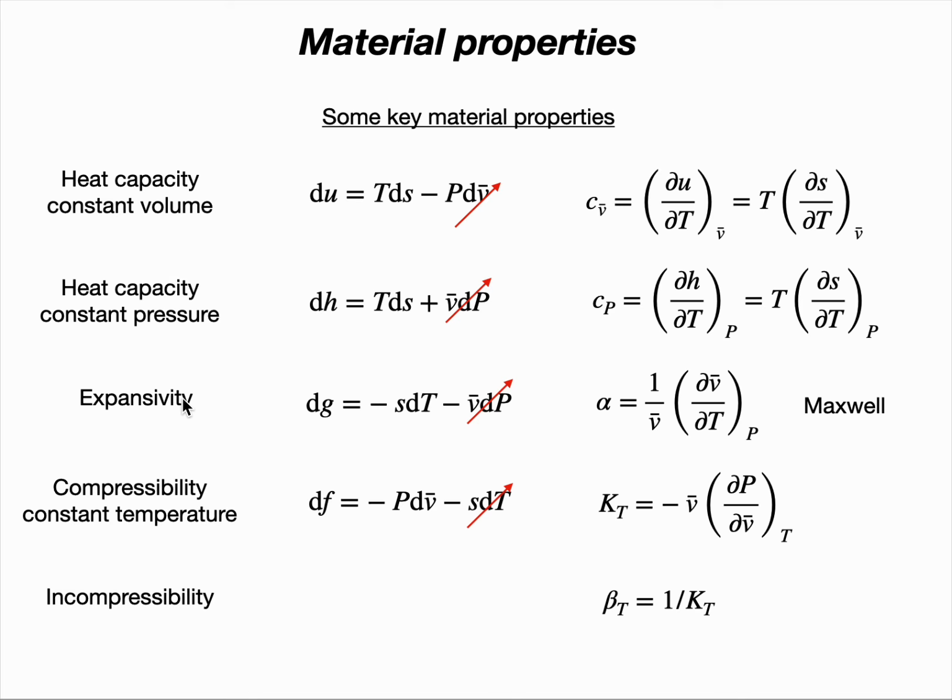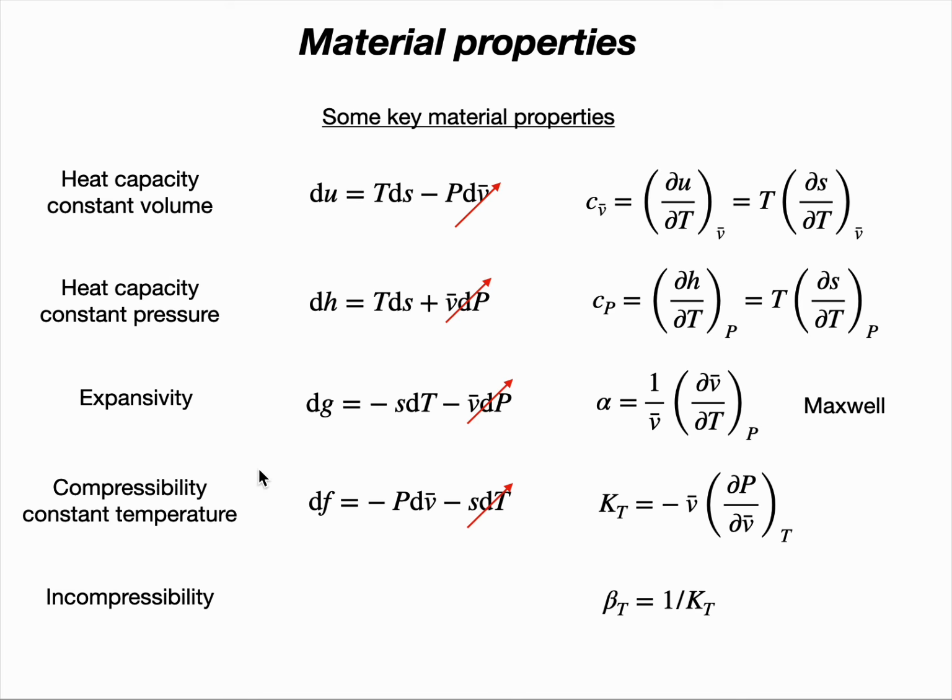The expansivity is a material property that we have not been discussing so far. And this can be obtained, or it's related to the Gibbs energy differential. It takes the form of 1 over V times the variation of volume relative to the temperature at constant pressure. This appears in a Maxwell relationship. We come back to that later.